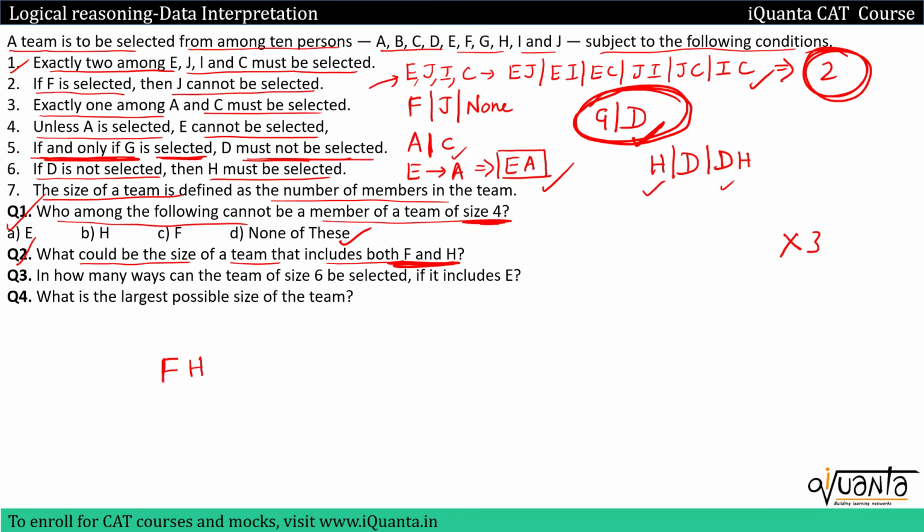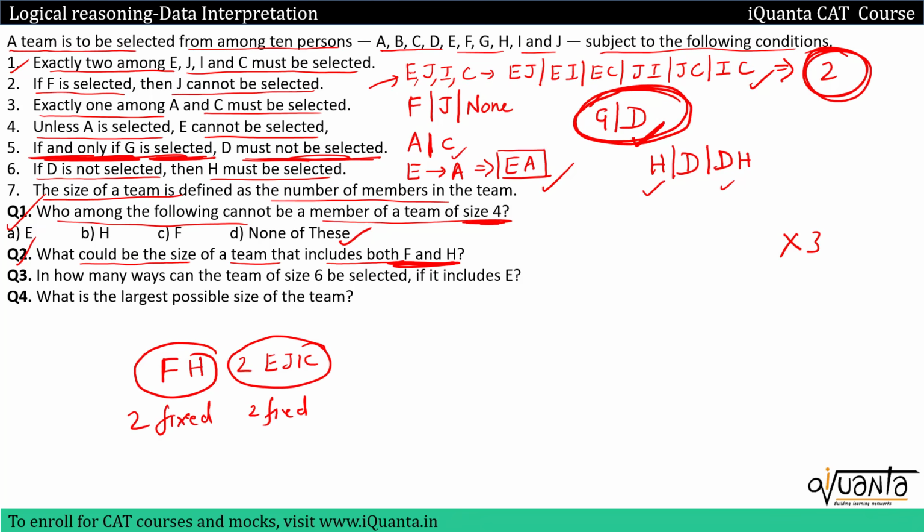That is why in the previous question you must have seen in every team I included either 1 out of GD and 2 out of EJIC, because the condition related to G was if and only if G is selected, D must not be selected. So only if G is in the team, then D will not be in the team, otherwise D will always be in the team. So now I can say that F and H, their position is fixed in the team according to the question. 2 out of these E, J, I, C, they will definitely be in the team, so 2 again fixed.